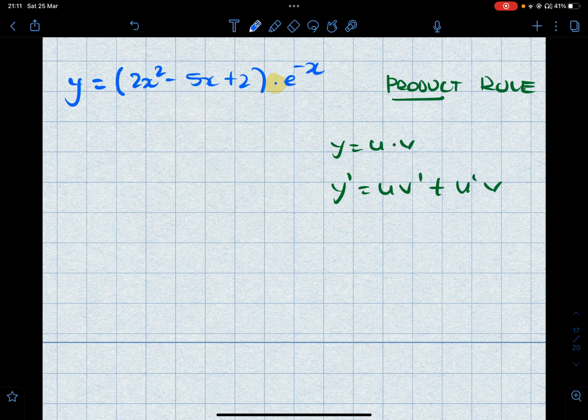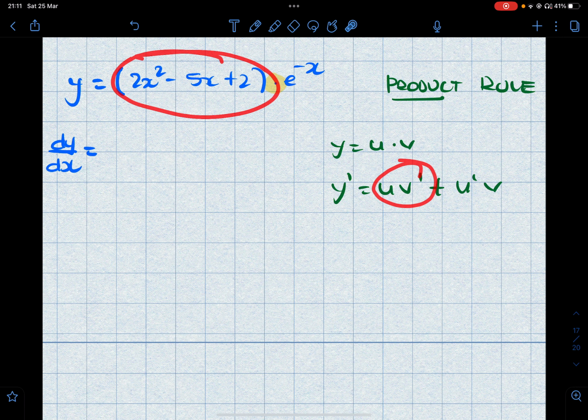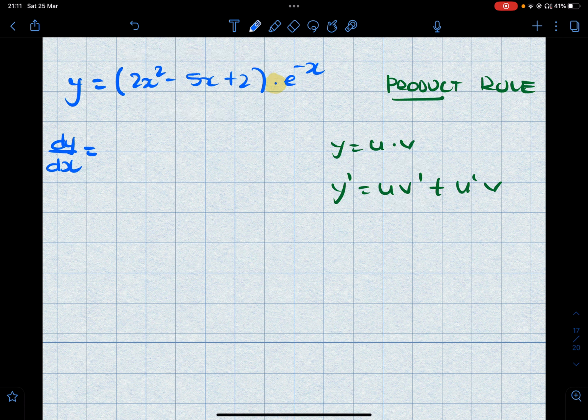So dy by dx will be u v dash, so it's this, times the derivative of that. So it's 2x squared minus 5x plus 2 times the derivative, which is just minus e to the minus x.